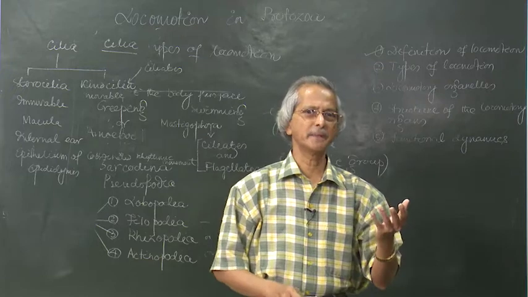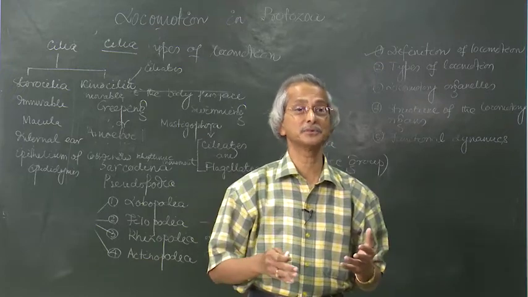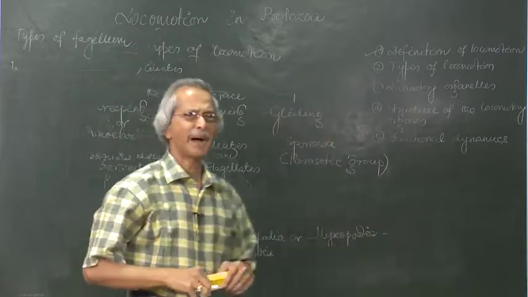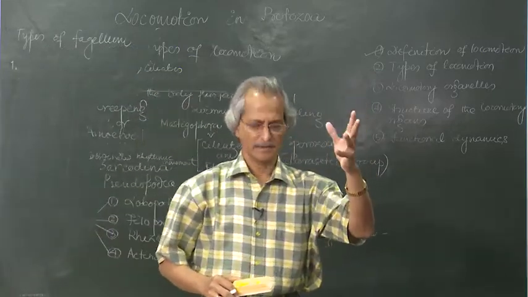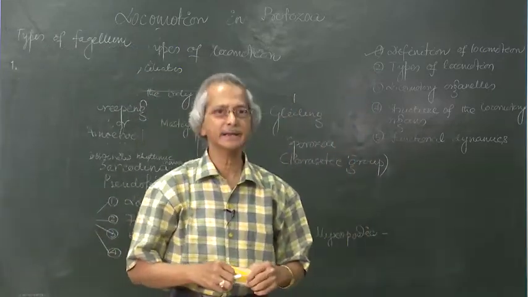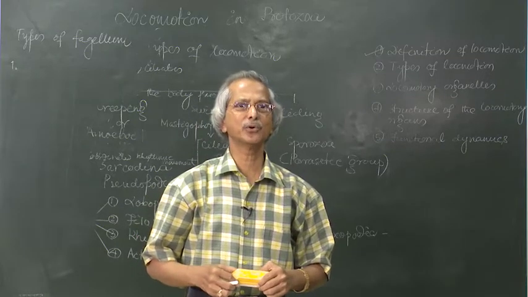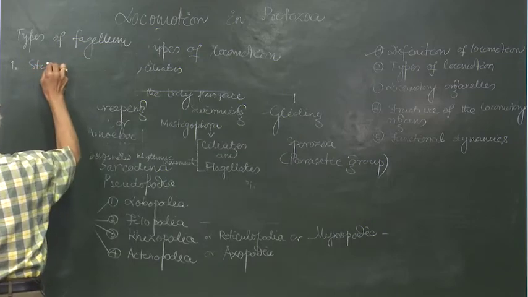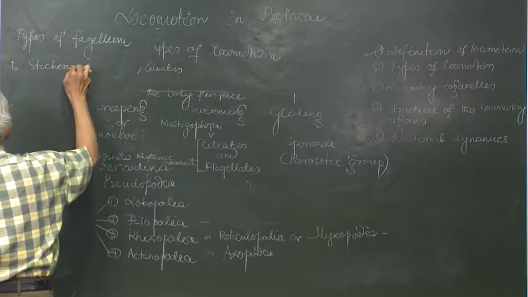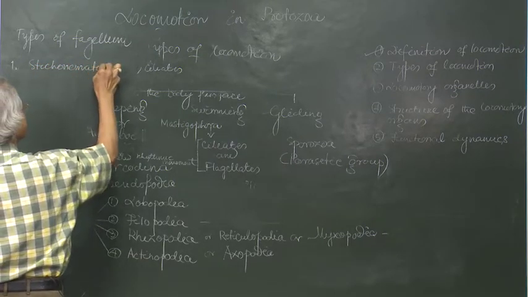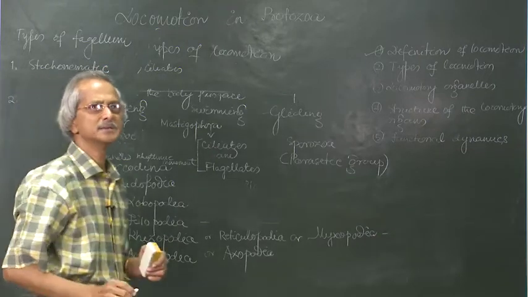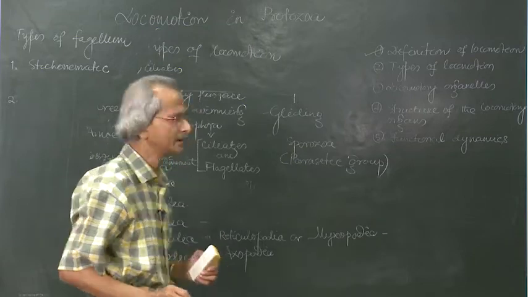Now, let us see what are the different types of flagella. So, there are 5 types of flagella. The first type of flagella that you find is known as stichonematic. Second one is pantonematic.